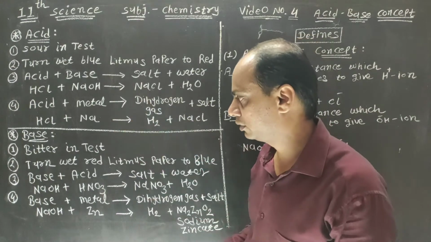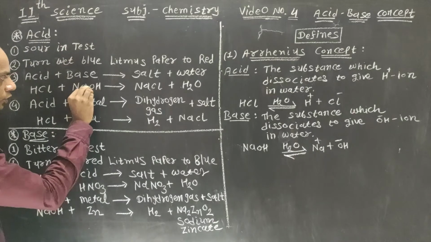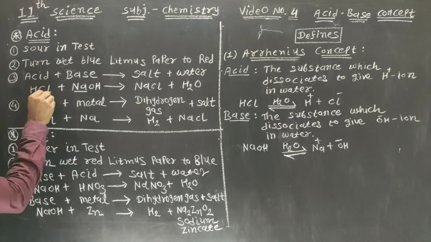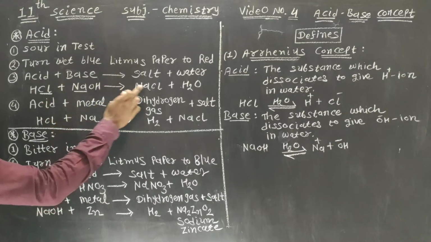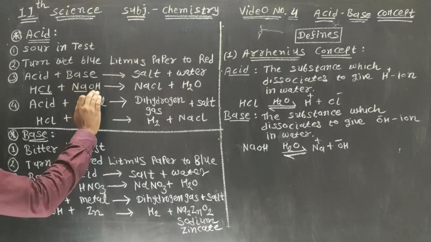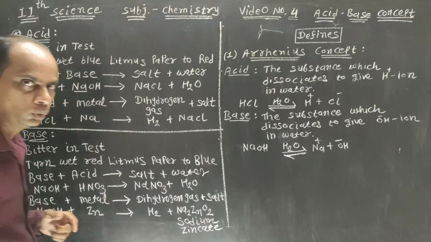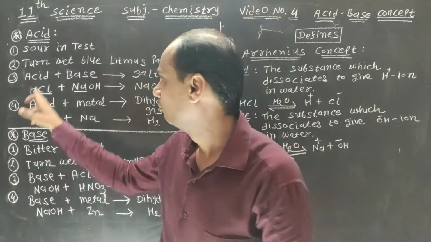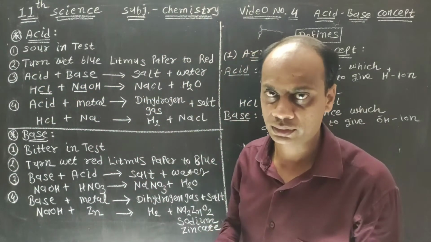When they react with each other, from here we get Na and from here we get Cl, which makes NaCl. The remaining H and OH, means two hydrogens are there, will make H2O. So when acid and base react with each other, they give salt and water.